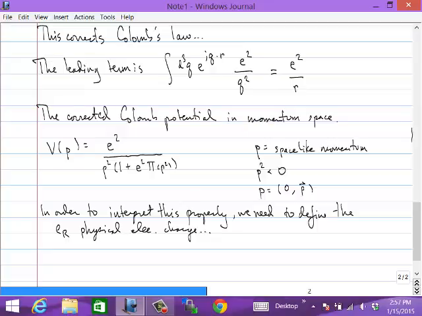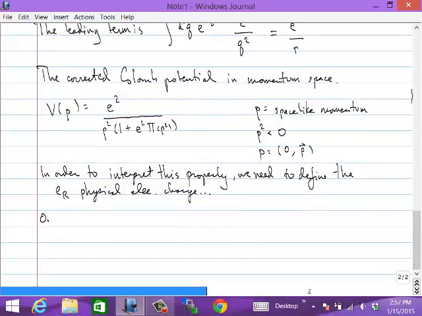So, of course, one way of doing that might be the following, which is not actually something that we're going to do.